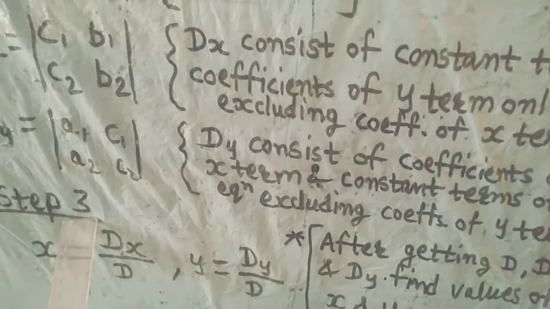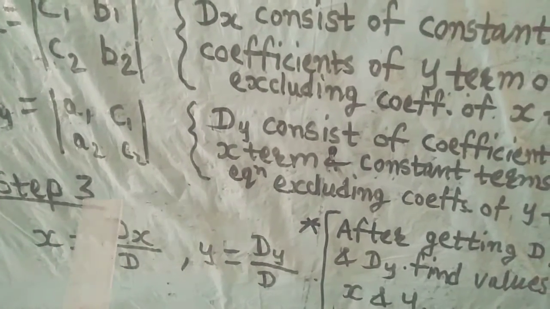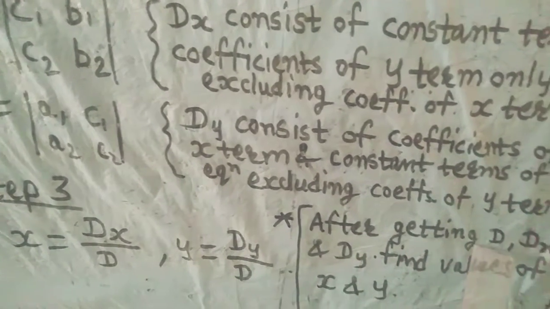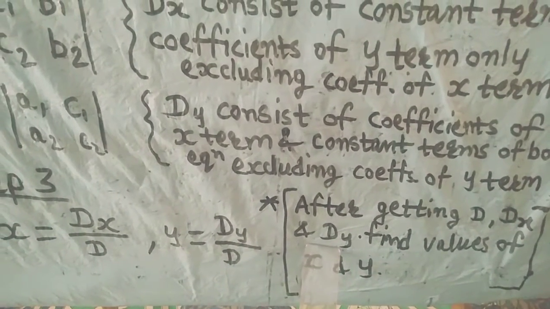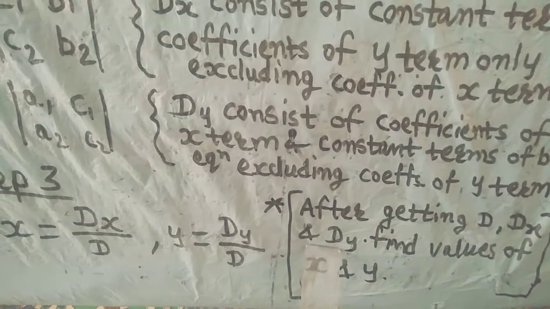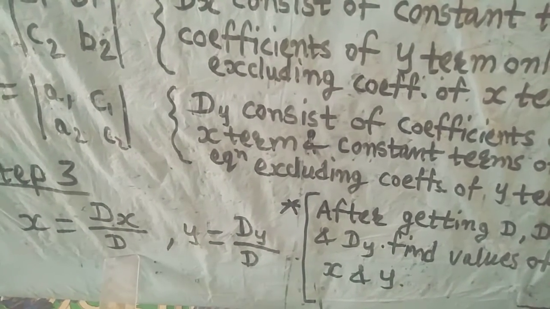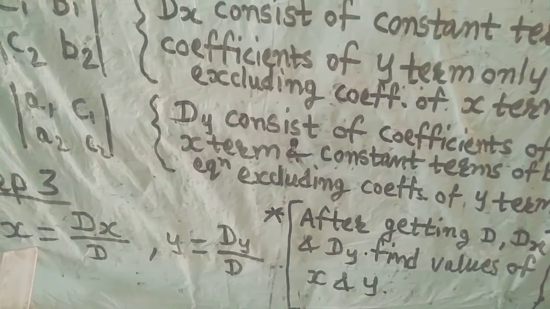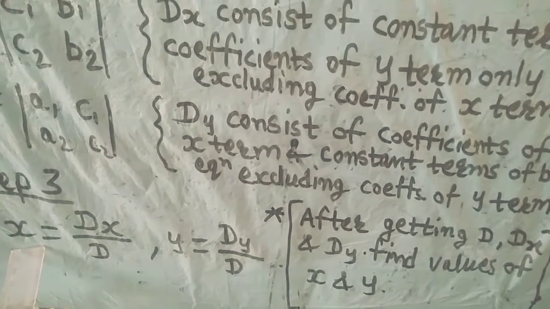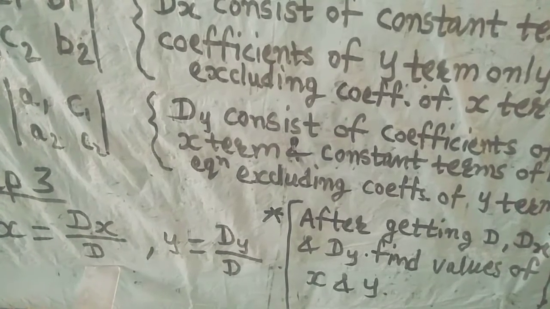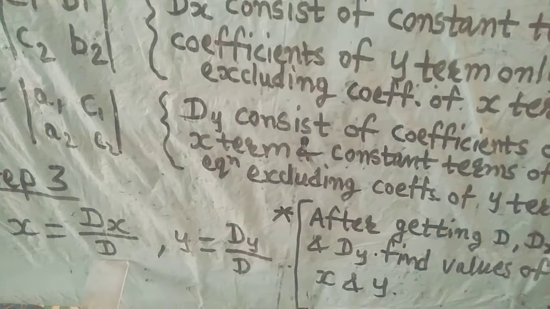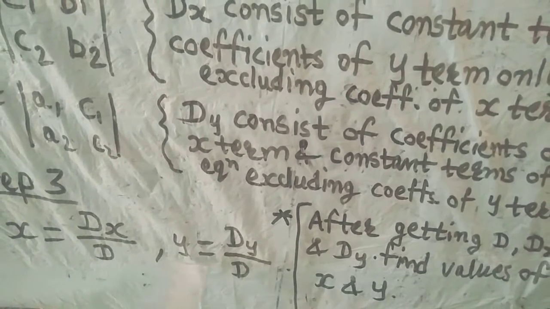Now step 3. In step 3, you get all the values of D, Dx and Dy, and you take the ratio of those values. From that you will get x and y. How will you get the x value? x is Dx upon D, that is the determinant excluding the x term upon the determinant.